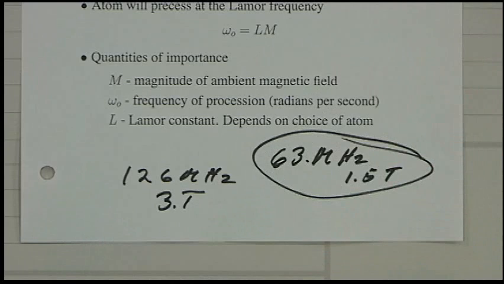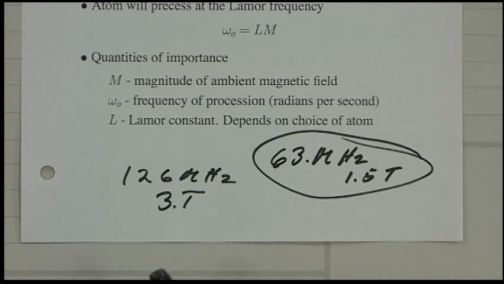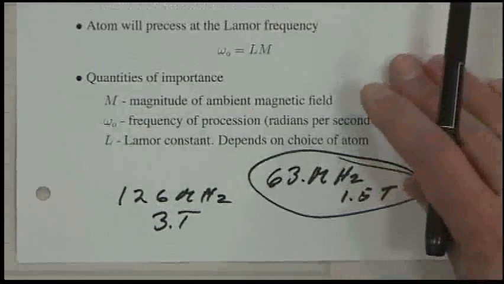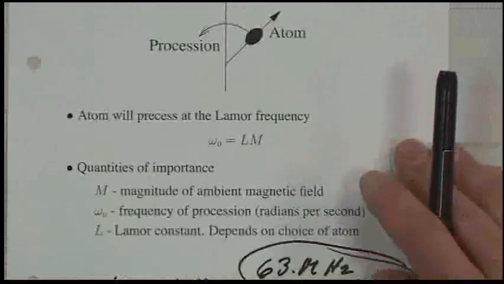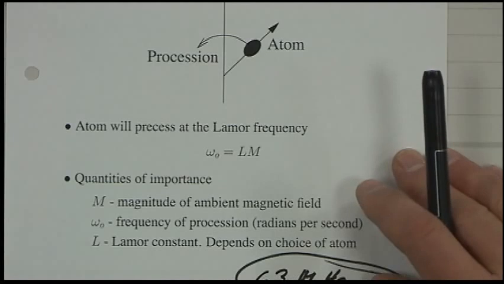So it's roughly 126 divided by 3 megahertz per Tesla, right? 1.5 T and 3 T are two pretty standard magnetic field strengths for MRIs. So if you have a 1.5 T MRI, the protons will oscillate at approximately 63 megahertz.